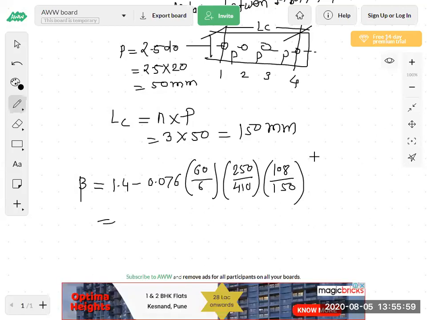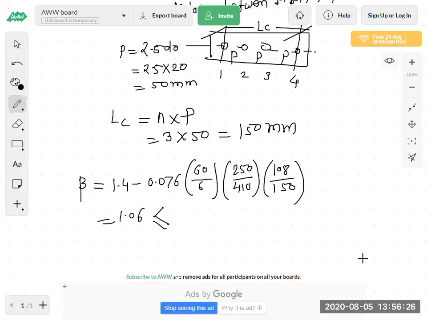See the formula first. 1.066. 1.06. 1.06 is the beta, but it should be less than or equal to... Okay, I got 1.06.